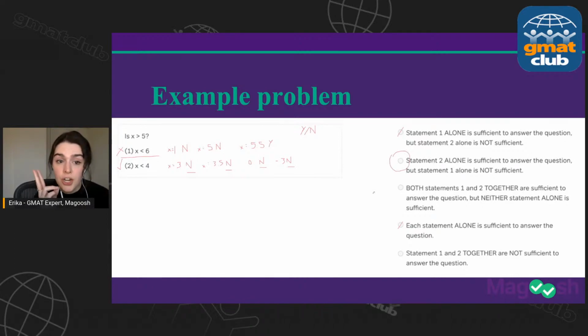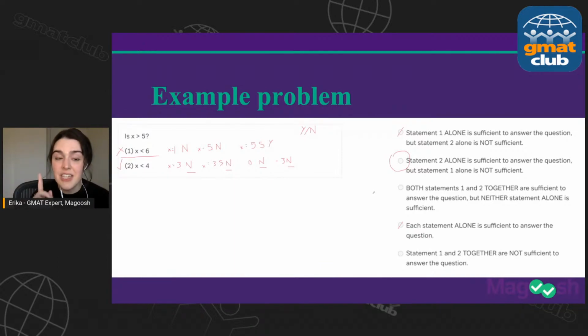So 2 learnings on this one. 1, no is an answer. If we get just no's, that is sufficient. 2, test edge cases. So with statement 1, if we just picked integers, we would have gotten a consistent answer of no, and it would have been sufficient.